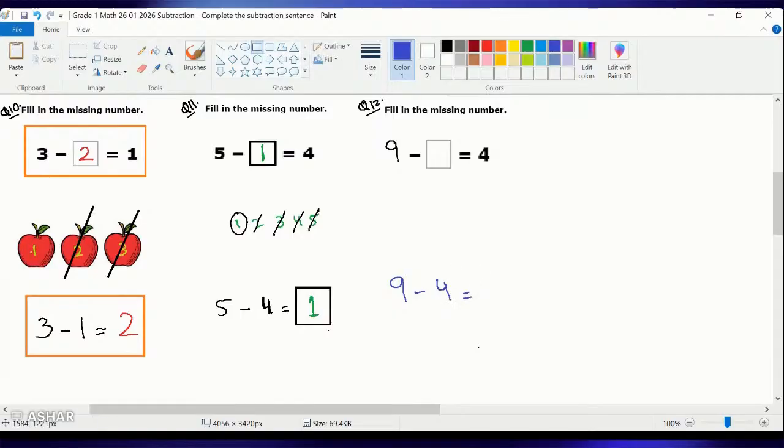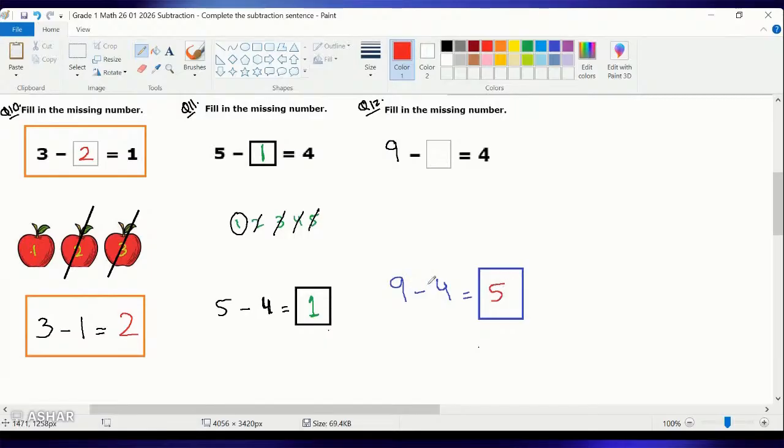So if we open up 9 fingers, can we close 4? What number of fingers would be open? If 9 fingers are open and we close 4, we are left with how many open? Yes, thank you. That means we are left with, thank you, everybody, 5 open.